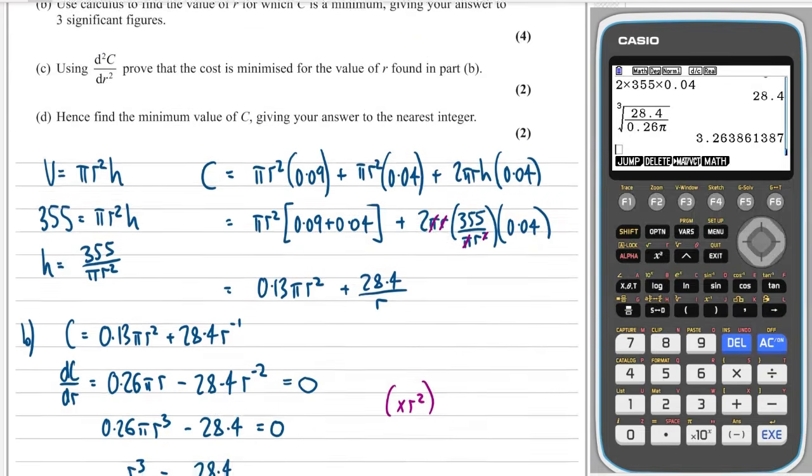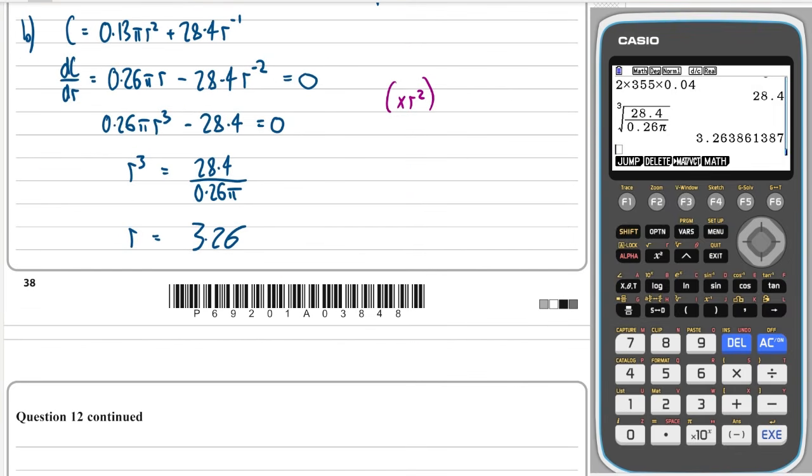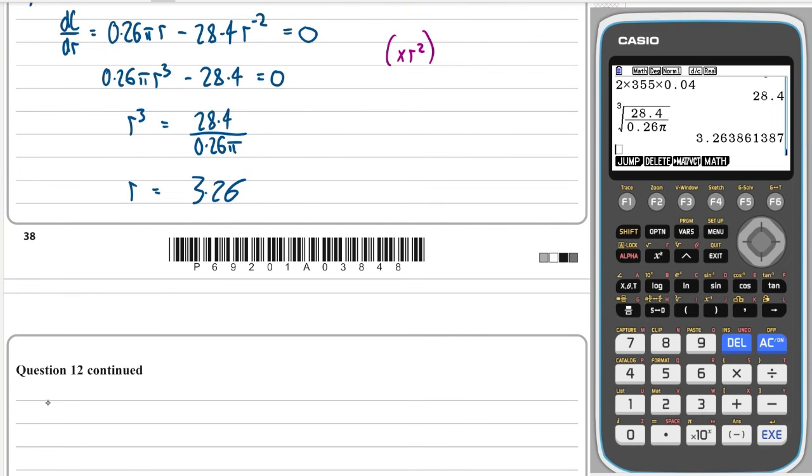Okay, great. Part C says using the second derivative prove that the cost is minimized for the value of r found in part B. Okay, so we're going to need to differentiate again. So part C, I'm going to take the derivative of the first derivative, and that will give me the second derivative is equal to, well, that's r to the 1, so times 1 by 0.26 pi, and then drop the power down, gives you r to the 0, which is just 1.